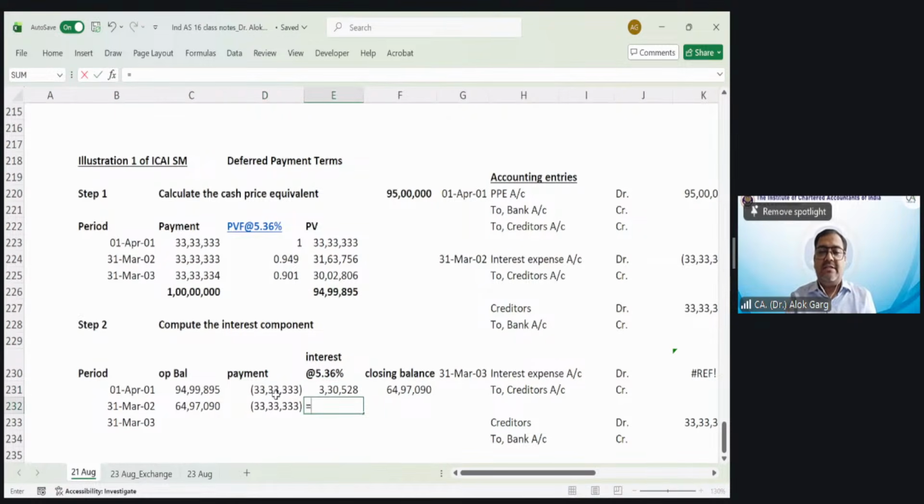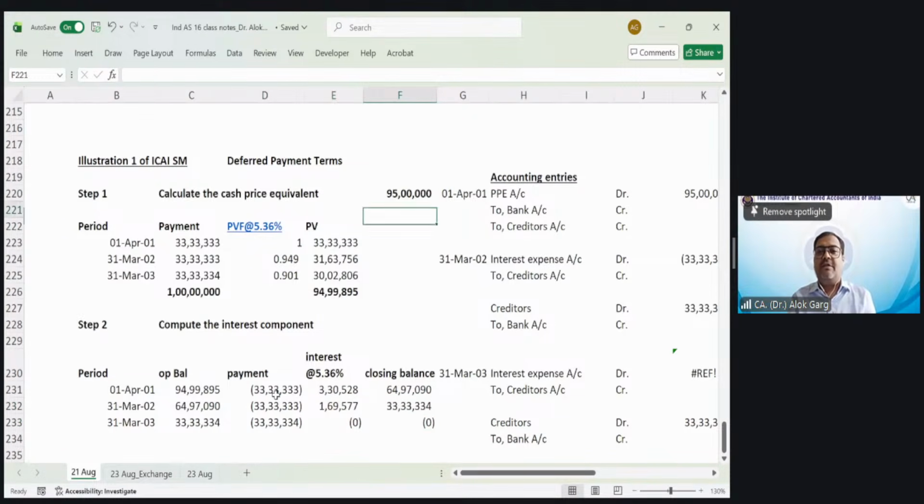Again, I will charge interest on which value? This plus this, multiplied by 5.36%. Okay. Now I have on 31st March 20x3, 33,334. I am paying 33,334. Interest 0. Closing balance 0.